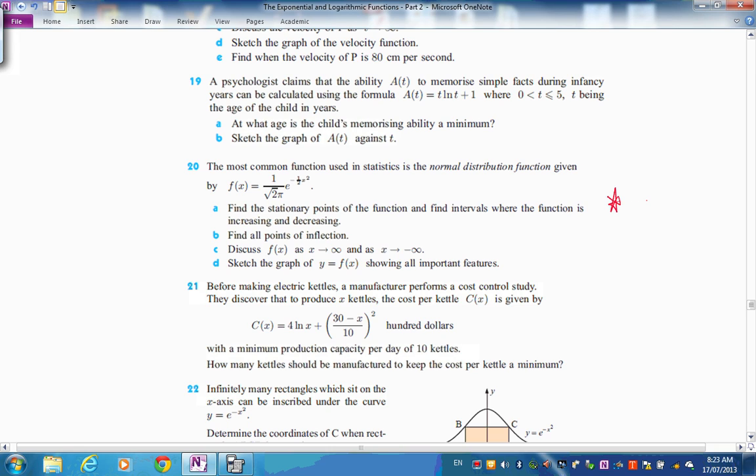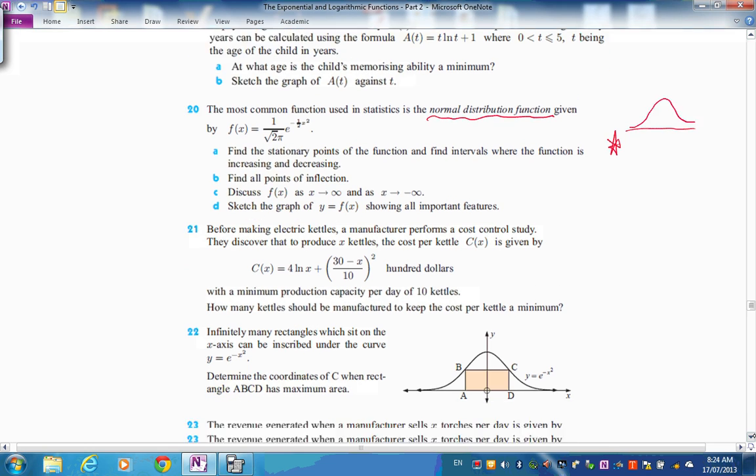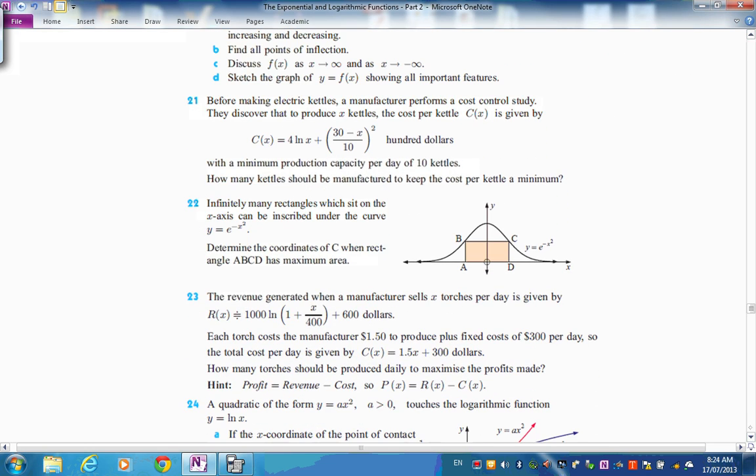It's a distribution function. You know, in statistics, the probability of getting a person of height greater than 200 centimetres. That's a normal distribution curve. Alright, a formula for that, so you could play with that. 21, 22. I think 22 is pretty important.